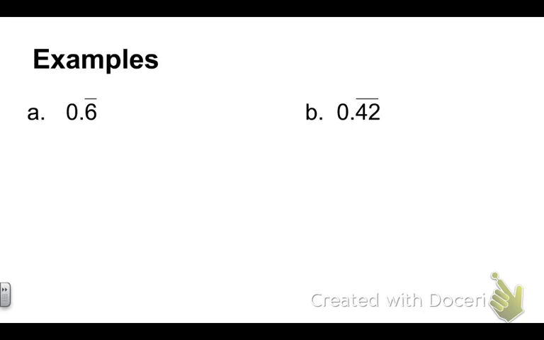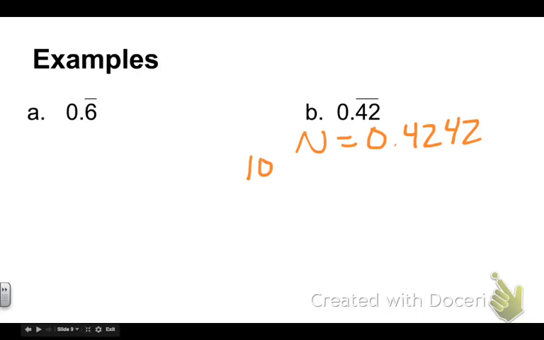So I want to look at 0.42 repeating. Alright, get a little room here. So same thing, I'm going to let n be my repeating decimal. Now I need to multiply. This time I'm going to multiply it by 100 because there are 2 place values being repeated. So I've got those 2 zeros in 100.